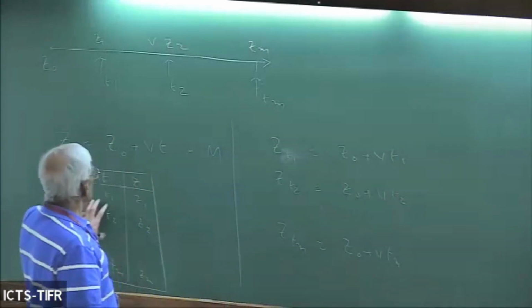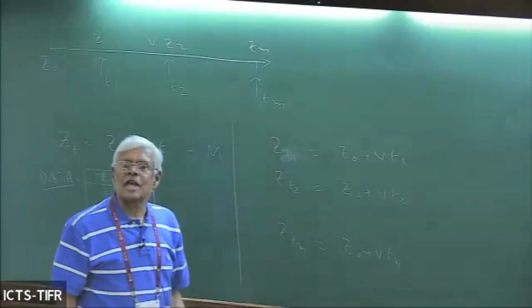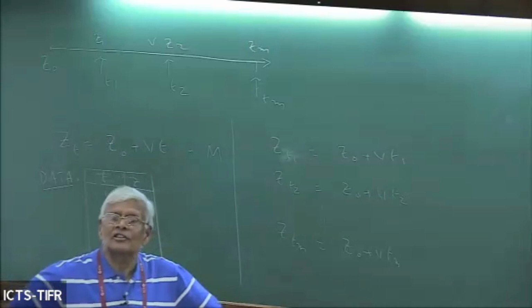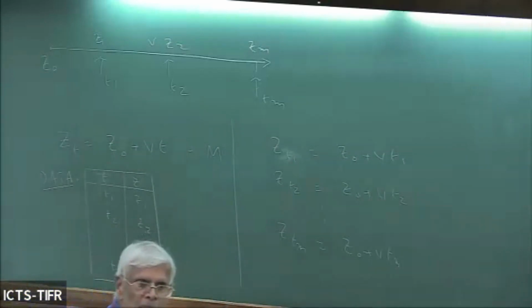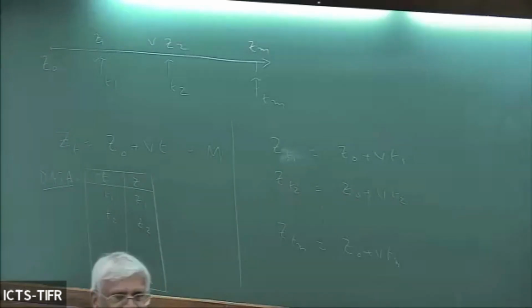So I have plugged the data into my model. I got M equations. What is M? I don't know. Generally, it's large. When you do the simple pendulum, you cannot measure exactly the time of oscillation for one oscillation. So what do you do? You do 10 oscillations and take the average.